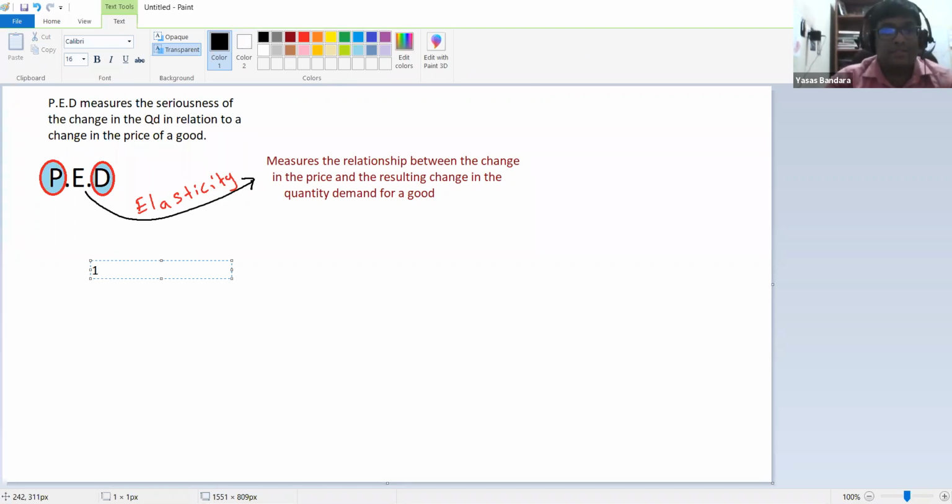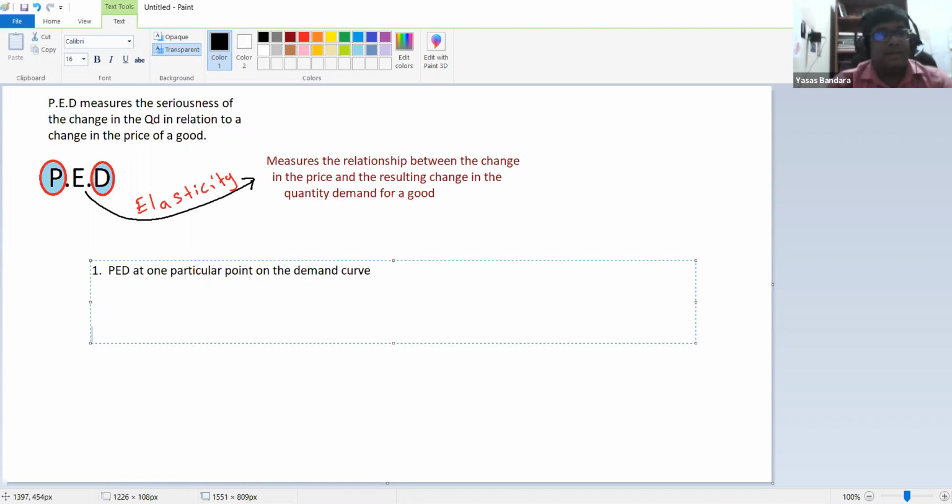One method, let me write it here. One method is measuring PED at one particular point on the demand curve. Right.